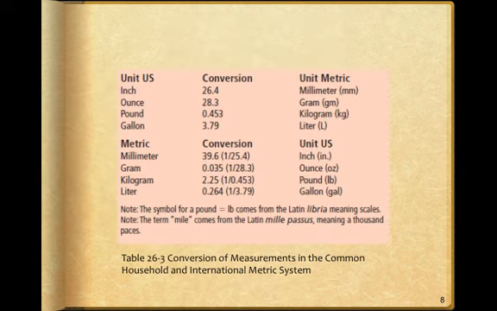This is table 26.3, conversions of measurement in the common household and international metric system. An inch in millimeters is 25.4, an ounce in grams, dry weight measurement, 28.3, a pound, 0.453, is equal to a kilogram, a gallon, 3.79, is equal to a liter.